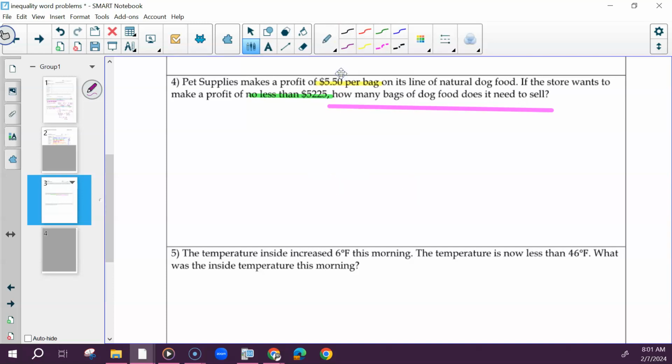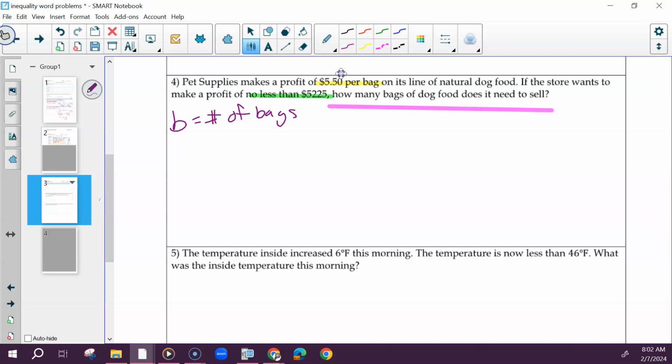Right, so what do we want our variables to be? For what? What would that represent? Number of bags. If you want to be more specific, you put number of bags of dog food. You don't need to do all that. No less than is which symbol?